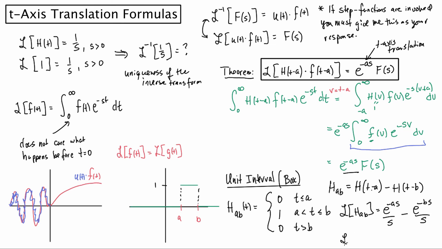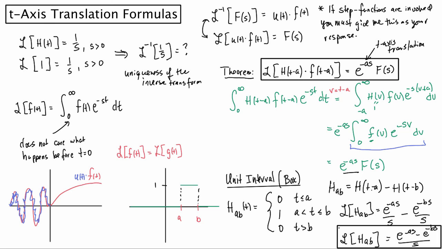And typically we'll just say that the Laplace transform of the unit box is e to the minus as minus e to the minus bs all over s. So that is the unit box or unit interval function in that case.